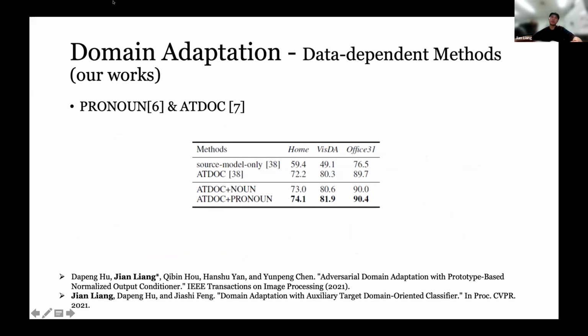The pronoun just focuses on the feature alignment using the adversarial structure, while the ADOC just focuses on the bias within the classifiers. We can directly combine these two methods together. In the following table, we can find that when we combine these two methods, we obtain a much higher performance here.